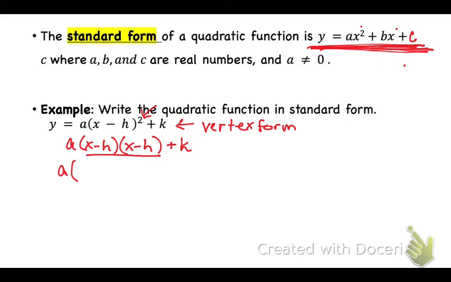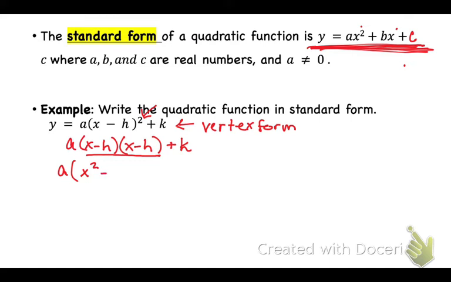So, Austin, when you FOILed that out, when you distributed it out, what did you get? I don't know. Just tell me what you got. What's the first thing you got? What's x times x? X squared. Alex, what's next? H squared.